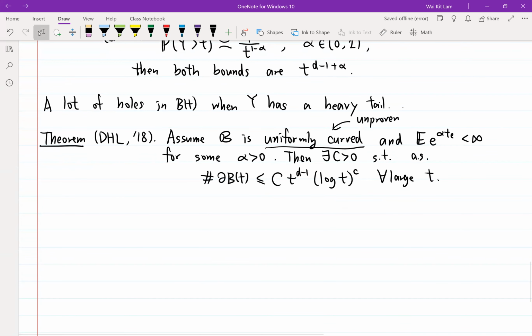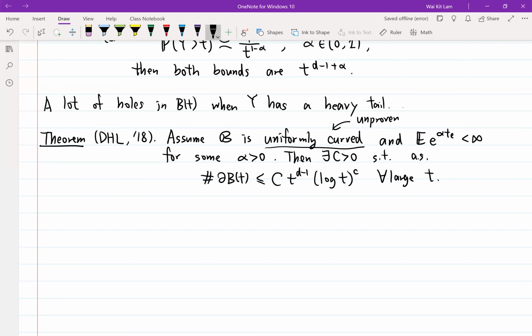So if you know some information about the limit shape, which unfortunately we don't actually have, then we can show that the boundary is bounded above by essentially T to the D minus 1. Of course, you cannot neglect this polylog factor, but essentially this tells you that the order should be T to the D minus 1.